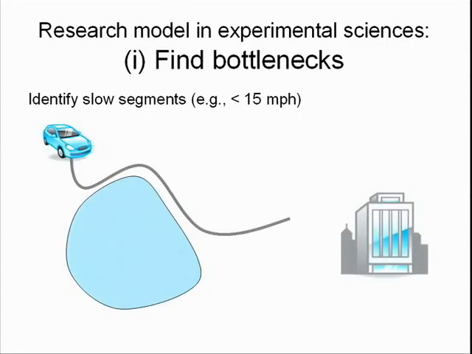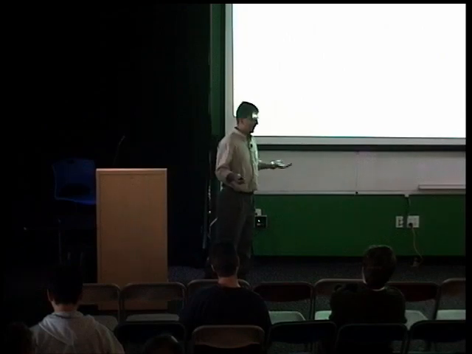Before we start, in most work on experimental systems, one of the first steps is to identify bottlenecks. For example, let's suppose we want to improve commute times in an area.